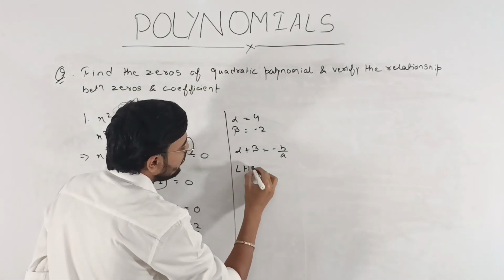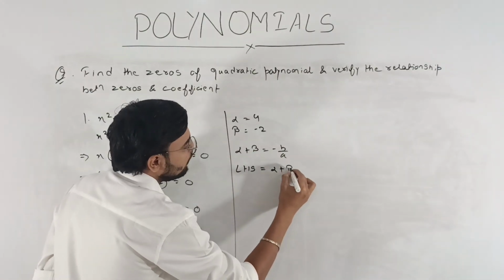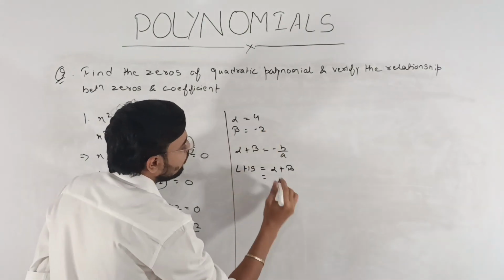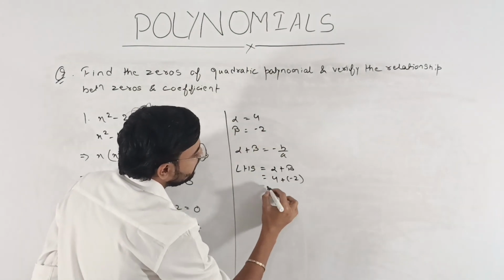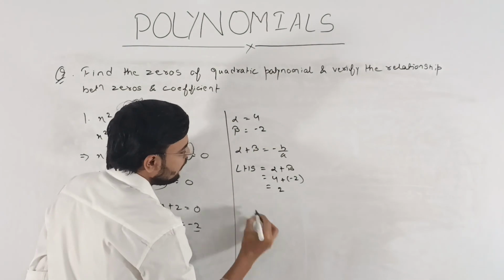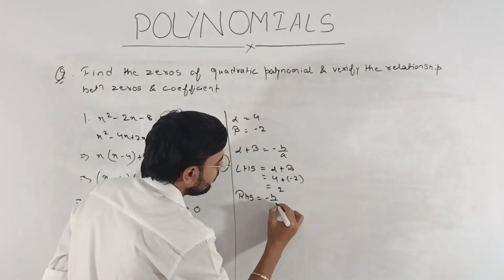For this, first we do the LHS. LHS is alpha plus beta. Now alpha is 4, beta is minus 2, so 4 plus minus 2, which becomes 4 minus 2, which is 2. Now RHS. RHS is minus b upon a.